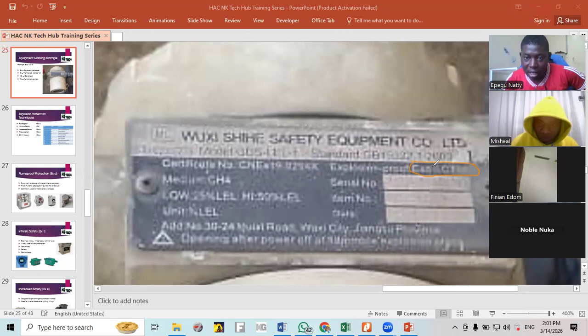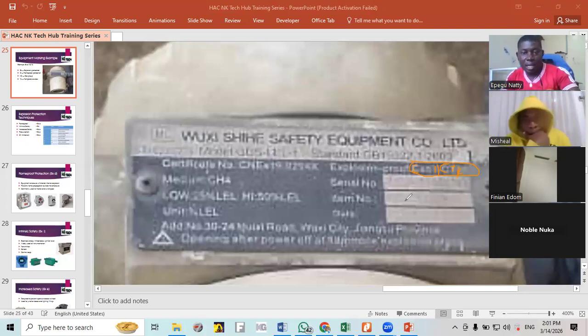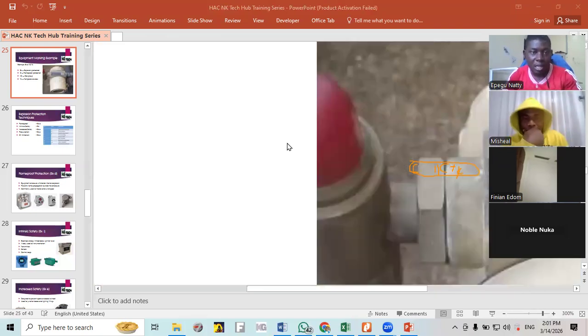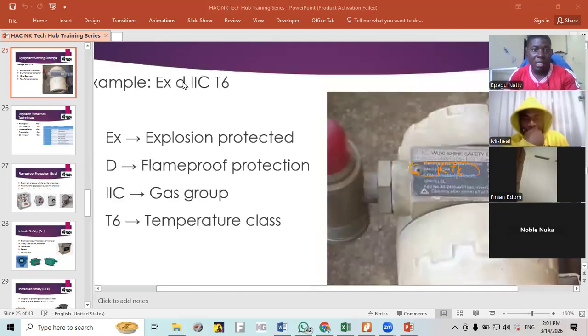But this is, you see here, this is II, this is C, and this is T, and this is 6. Okay, here is Ex. So that's the code that I used to place down here. So the same code you see here, Ex d IIC T6, right?